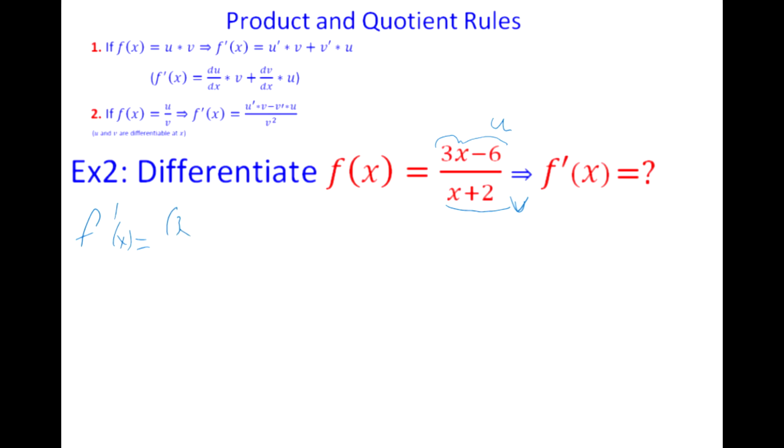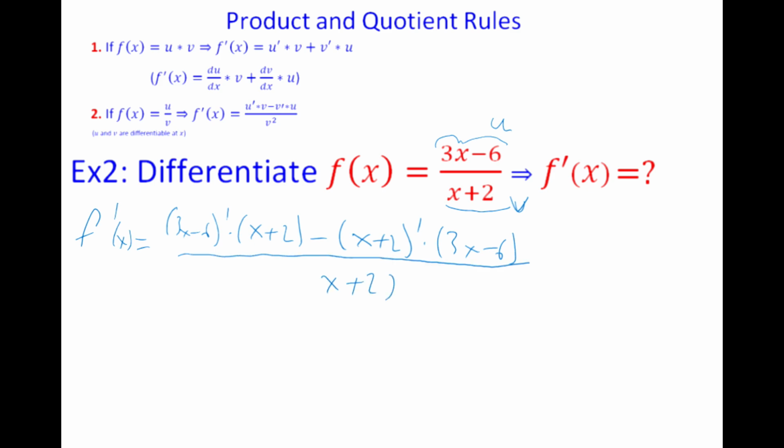So we're going to have (3x minus 6) prime times the second term, which is x plus 2, minus the derivative of the second term, which is (x plus 2) prime times the first term, 3x minus 6, divided by (x plus 2) squared, guys.